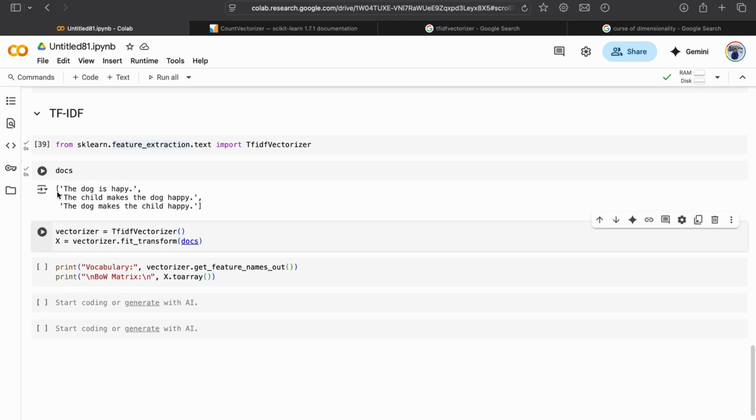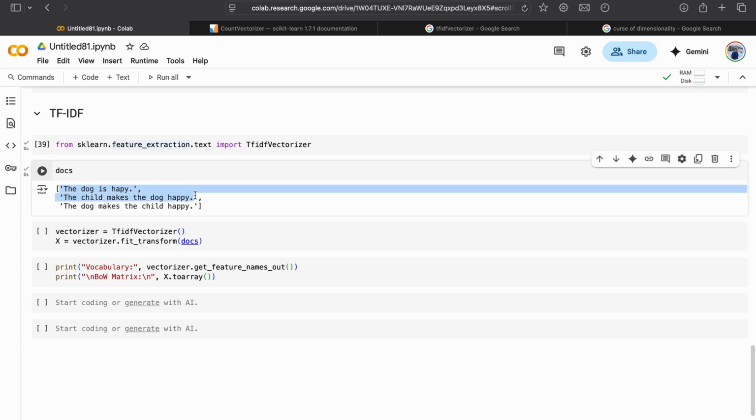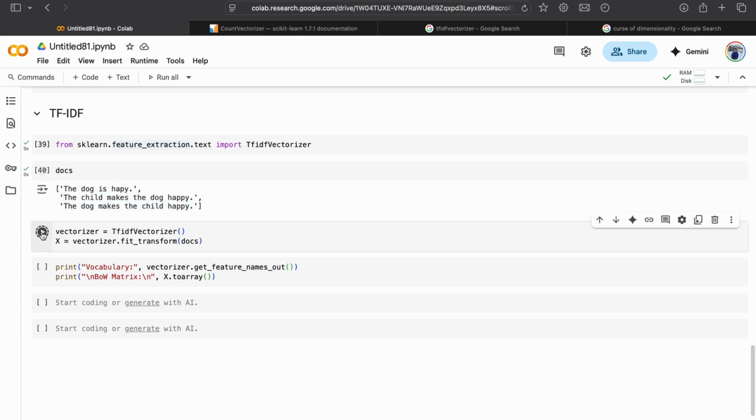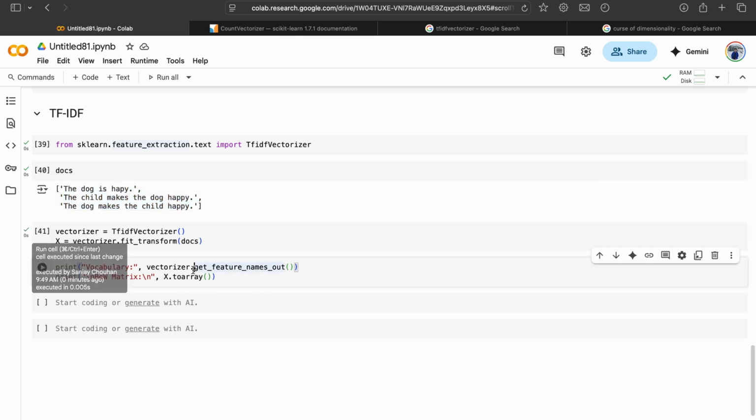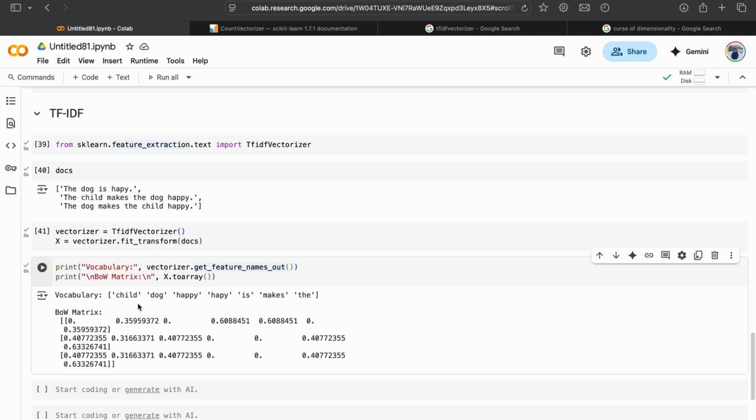We have this 3 corpus, the same corpus, where we are having 3 documents, and we are transforming them and getting the matrix. You may see that the numbers are slightly different from what we saw in the explanation. That's because the internal formula used in the sklearn library is slightly more complex than what we saw, but the core idea remains the same.